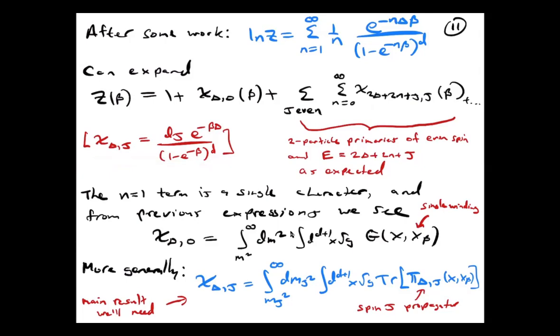And so, indeed, you can show that this thing can be expanded in those characters with the operator dimensions being 2 delta plus 2n plus j, which is the expected energies of the 2 particle primaries. And these are 2 particle states built out of identical bosons, so you only get even angular momentum due to the Bose symmetry. Okay, so that works fine.